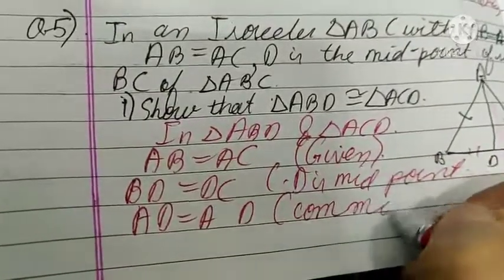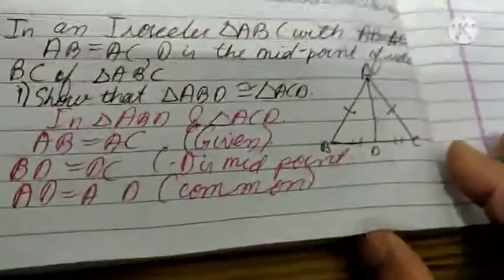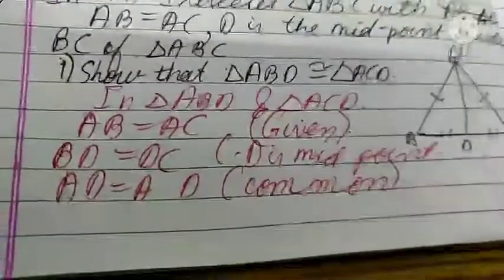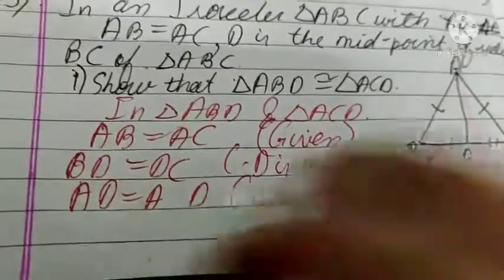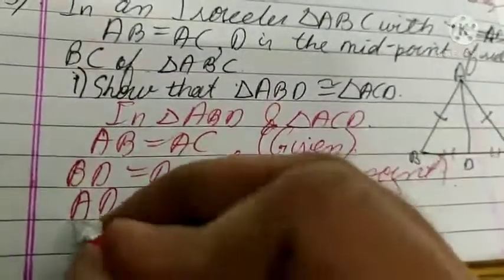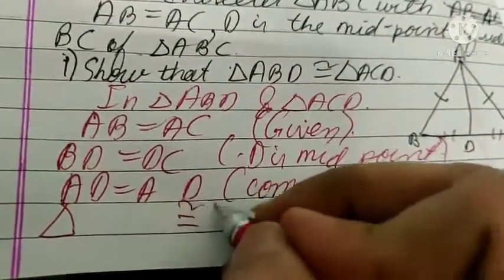is common in both the triangles, and hence we have got three sides equal in the triangles, so both the triangles will be congruent by SSS criteria. So what should be the correspondence for the triangle?